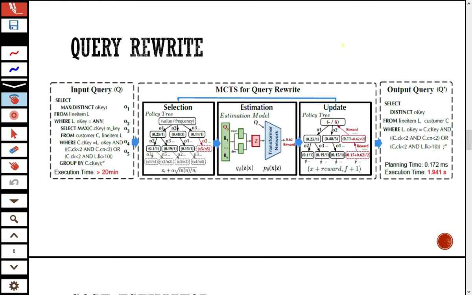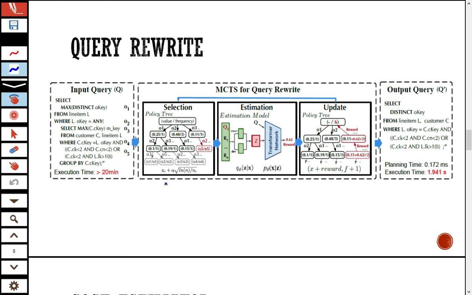Let's look at what is inside query rewrite, one of the components of learned optimizers. It aims to transform a slow SQL query into an equivalent one with higher performance. This uses a Monte Carlo tree search based method, or called MCTS, to rewrite an SQL query to an equivalent yet more efficient query.